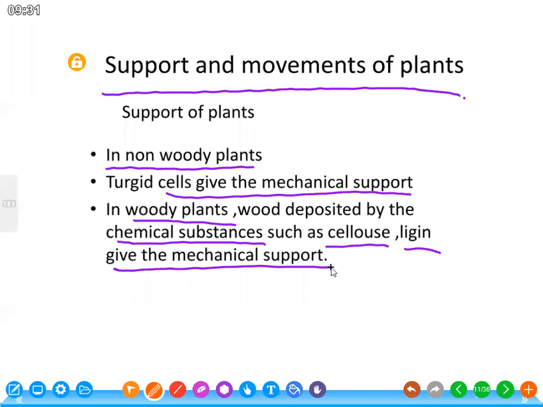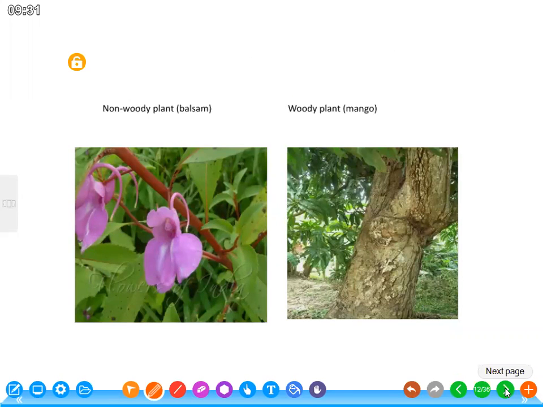So now let us see the picture of a non-woody plant, balsam, and a woody plant. Right? In the balsam plant, on sunny days the plant gets withered and the stem is bent down.